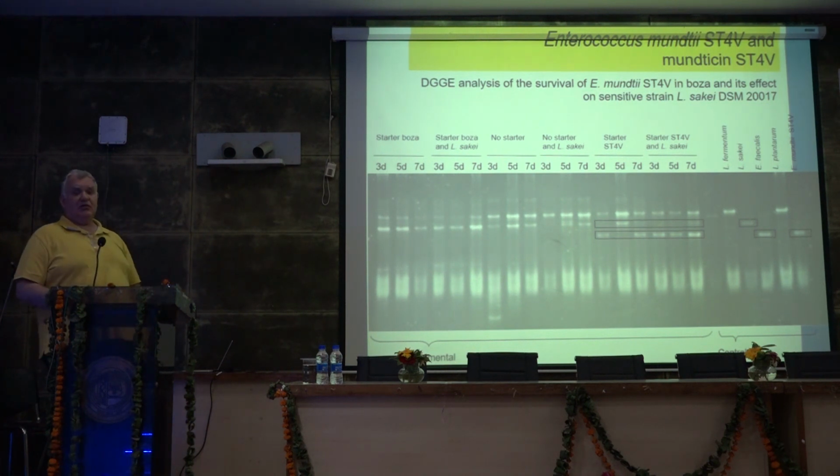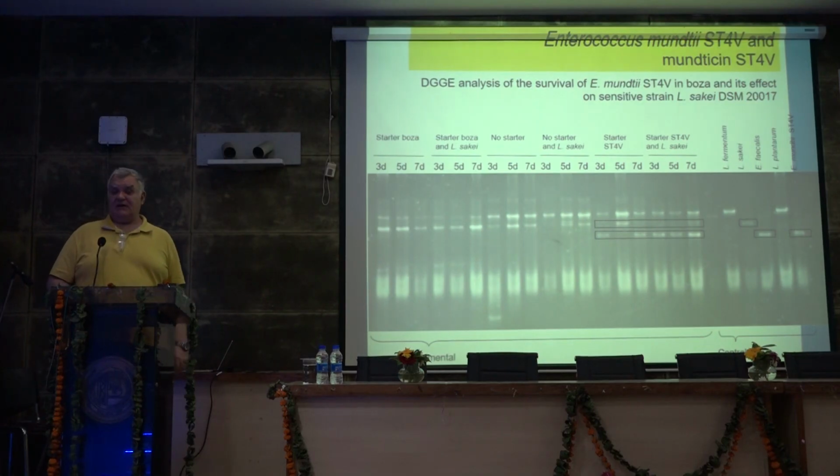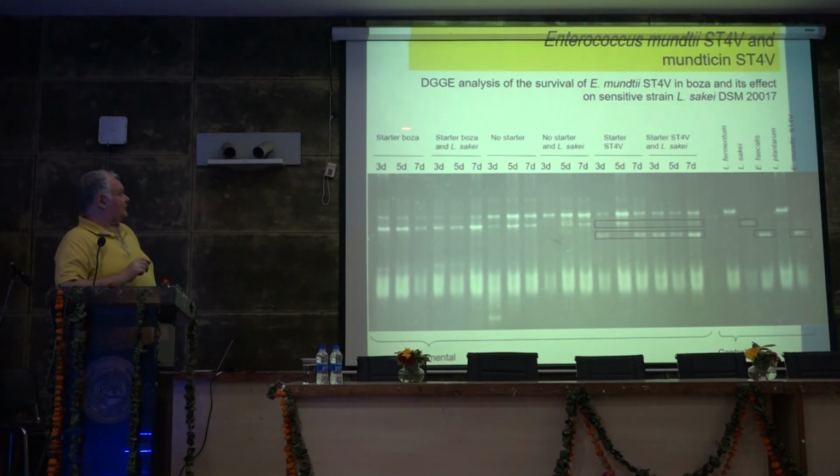Very often it can be used for mixed populations, and you put your mixed population on the gel, and you have the pure cultures' DNA, PCR, and you can compare to see what you have. It's very approximate, it's not very precise, but it's quite easy to perform and gives you a reasonably quick answer about what you have. So we have the first Boza made by starter with Boza.